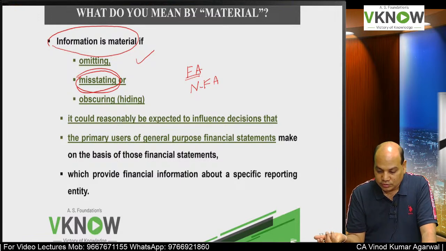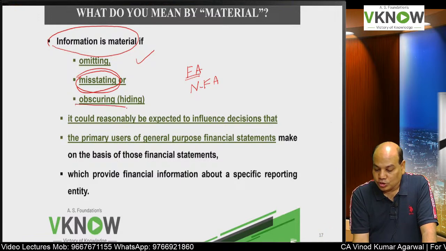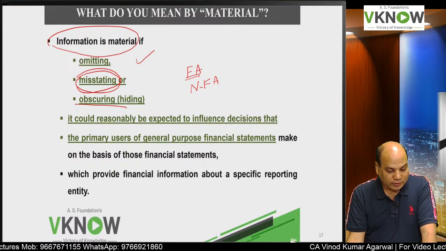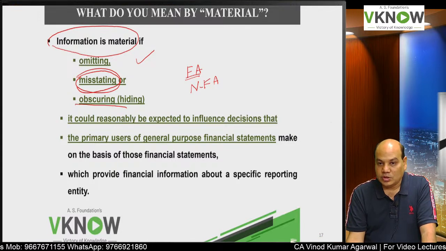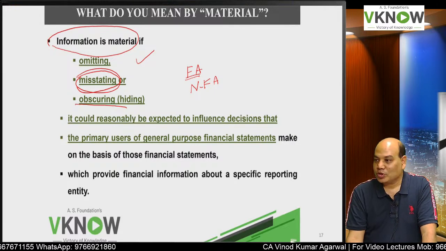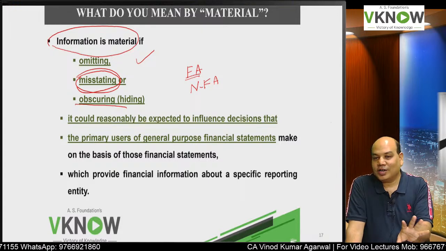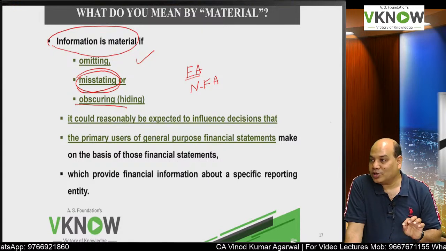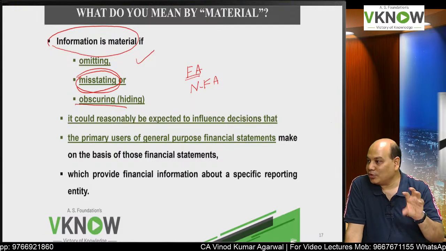You can do that kind of thing. Or obscuring, in brackets, hiding. I have written it for you. Obscuring means hiding. You will be putting it in the financial statement, but in such a manner that it's not easily understandable by the users.